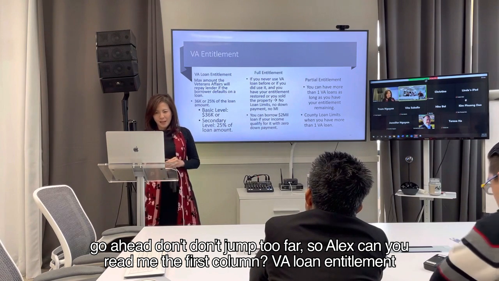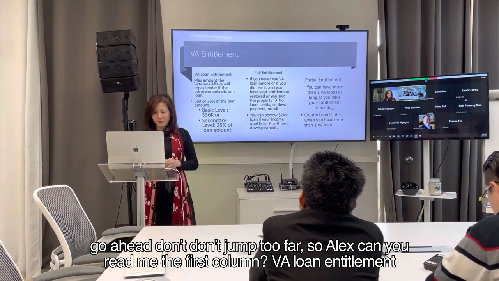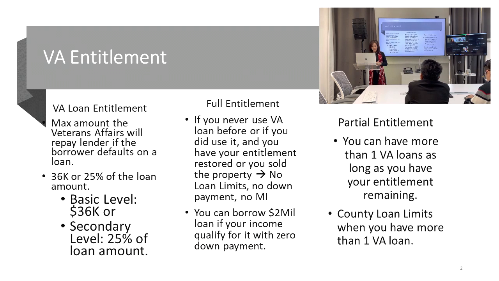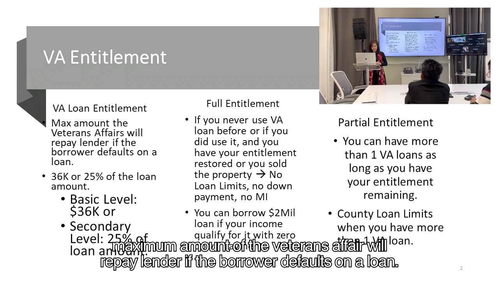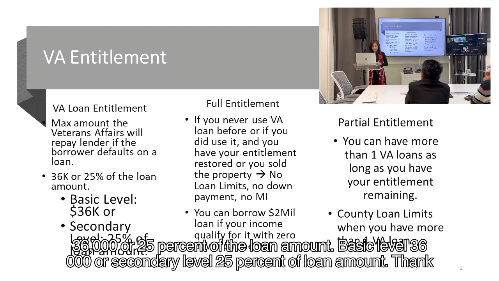So, Alex, can you read me the first column? VA loan entitlement: the maximum amount the Veterans Affairs will repay the lender if the borrower defaults on a loan. 36,000 or 25% of the loan amount. Basic level, 36,000, or secondary level, 25% of loan amount.